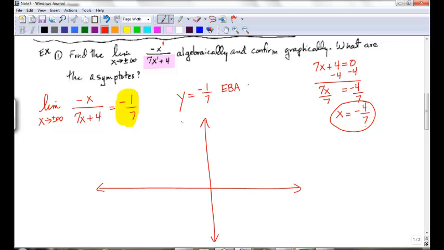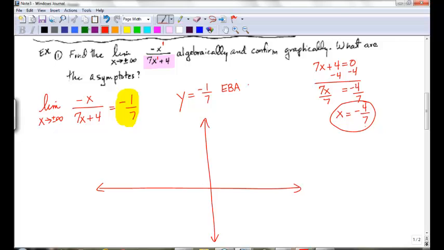Probably don't see anything. Let's do zoom 4. You can kind of see it go along the bottom. If you need to, let's change the window even more. For our y, let's go negative 1 to 1, scale 1. There you go. So you see it come along the bottom there.